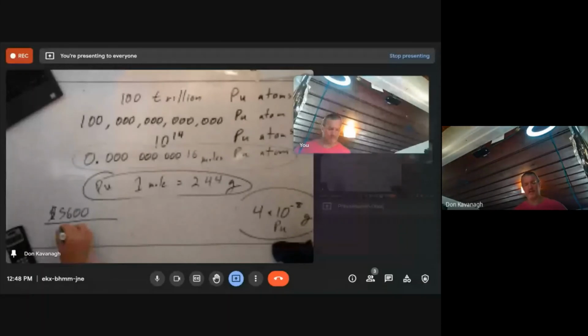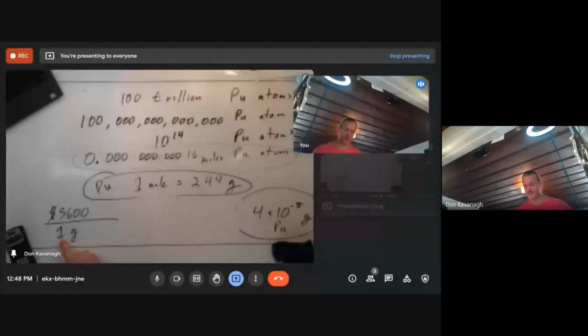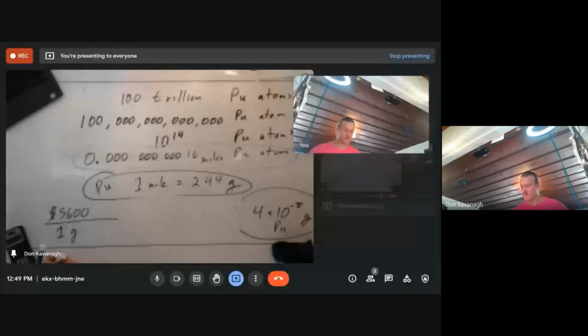And again, I have the 1 here in green. You're not going to see the 1 in a lot of textbooks. You may see it from other content creators, but it helps you feel comfortable, so I'll put the 1 in there. We have this many grams. I'm going to put this in standard notation because I have the room.